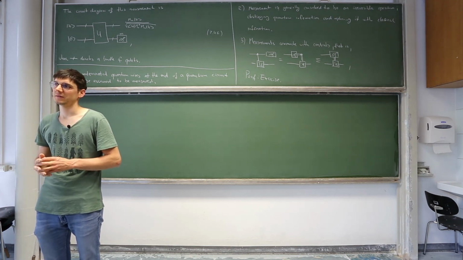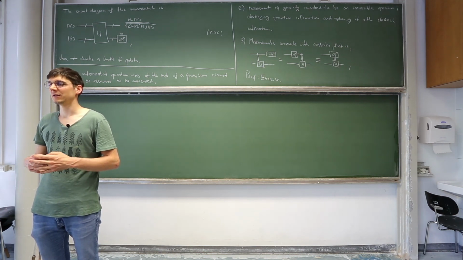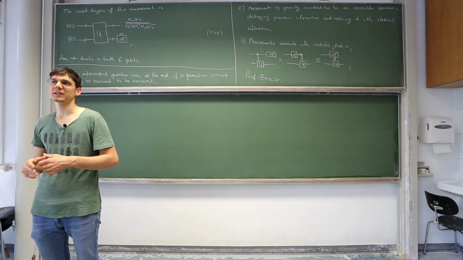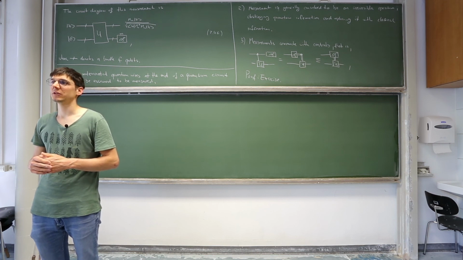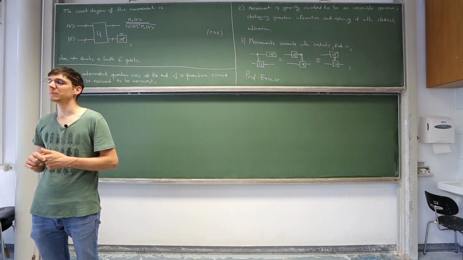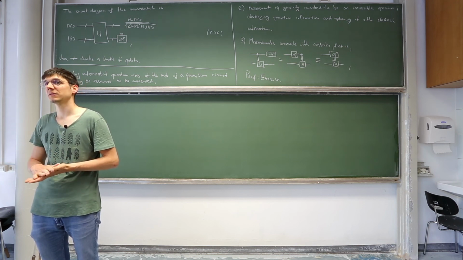Okay? And I'd also like to mention already here that we will also see that if we do this decomposition, then we will find out that if we want to decompose an arbitrary unitary, we in general need an exponential number of such elementary gates in order to implement such a unitary. So this is, so to say, not efficient, right?